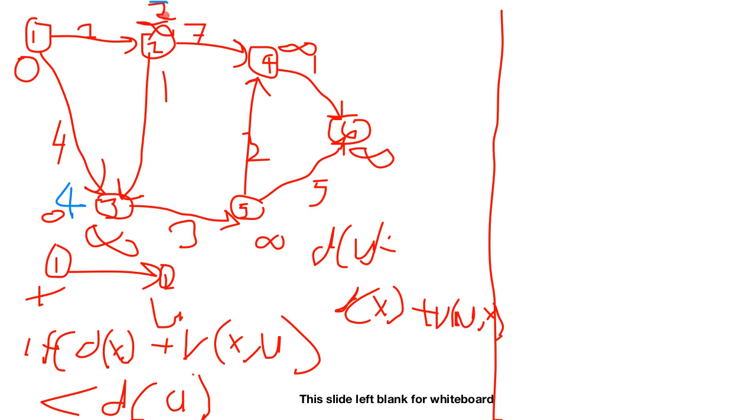And this one we have already replaced with 2. So for this case, we have added 0 plus 4. That is now this infinite. We cancel that infinite. And now the infinite is supposed to be 4.